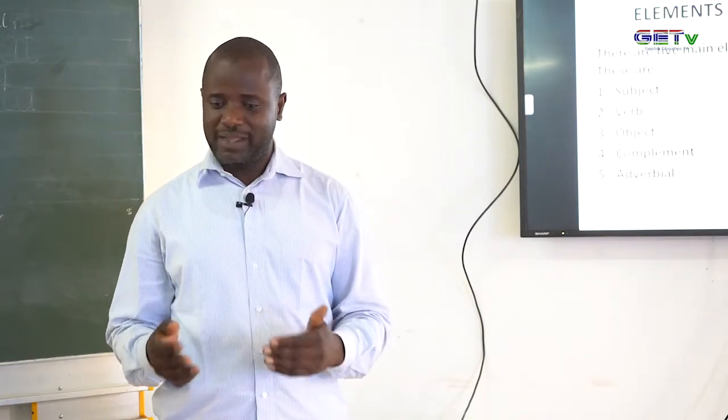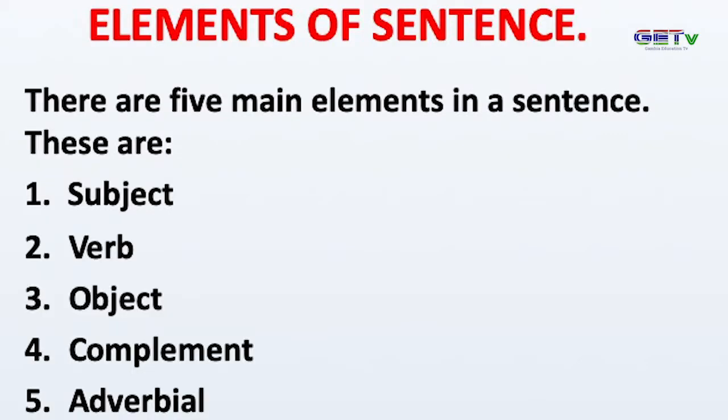So what are those elements? We're coming to study them today. There are 5 main elements in a sentence. These are subject, verb, object, complement, adverbial. So these elements, we're going to study them one after the other.